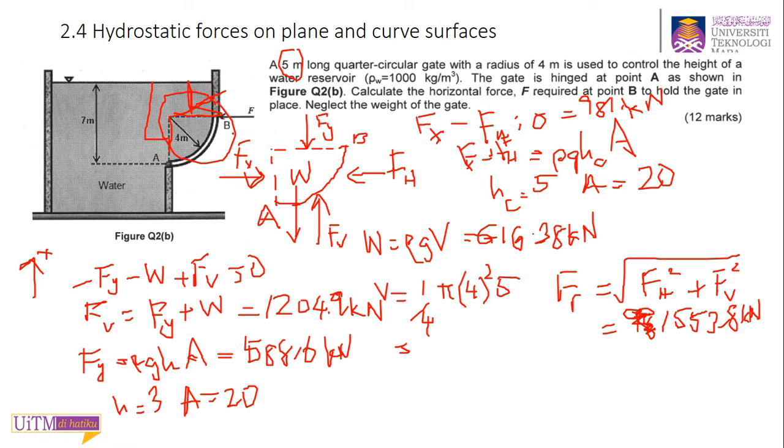Yes, I think so. Because what are you calculating here? FR is the one acting kat sini kan? Ni FR kan? Alright. But they ask you to calculate the horizontal force, yang F ni, required at point B to hold the gate in place.